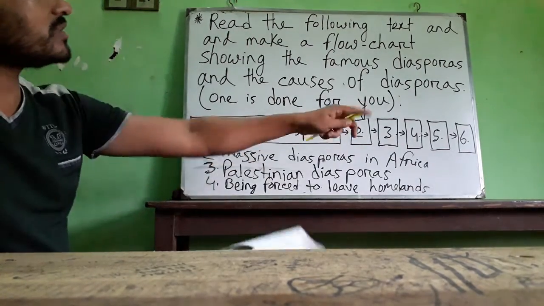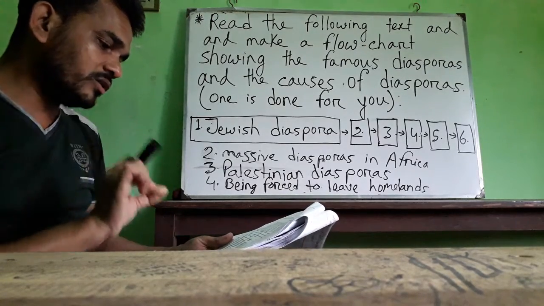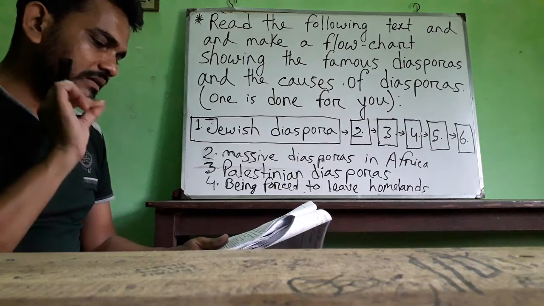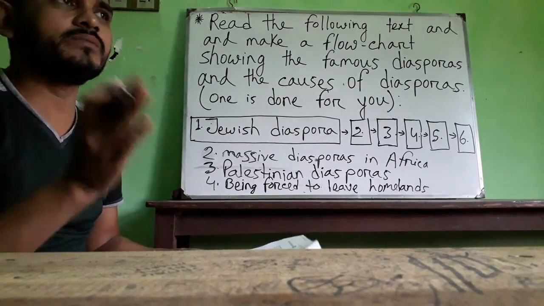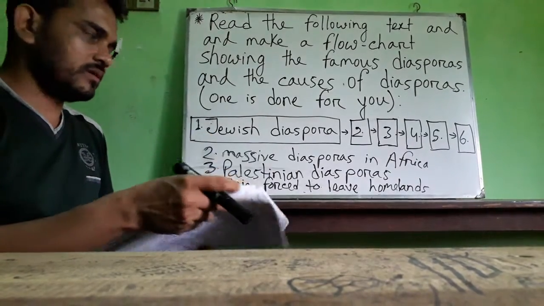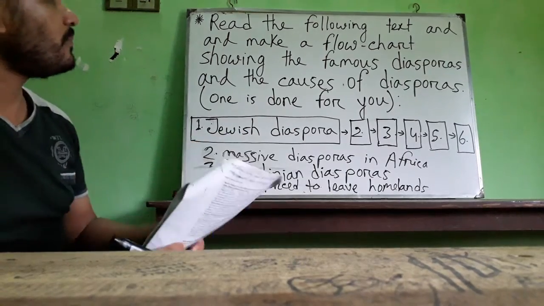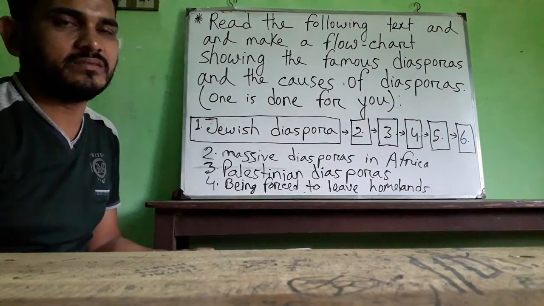For box number 6, you may write because of war or the ravages of nature. Ravages means destruction. My dear students, the things which I wrote here have been taken from the passage.